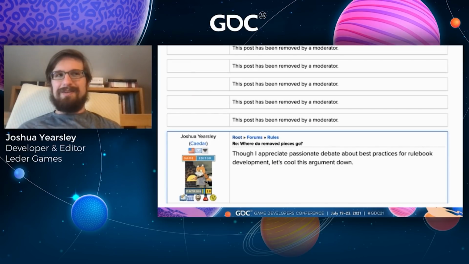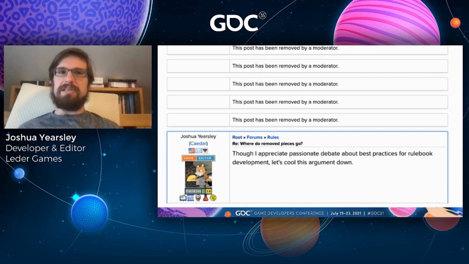And the Law of Root actually caused quite a few flame wars and really angry discussions on Board Game Geek, a popular board game discussion site, to the point where I had to shut down some of these conversations because they were just getting too heated.